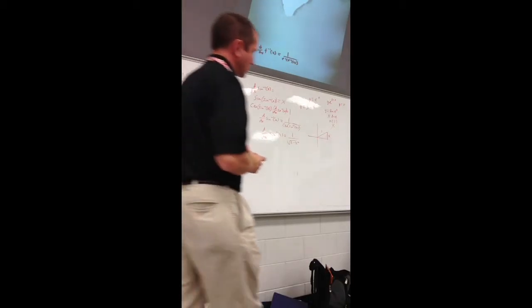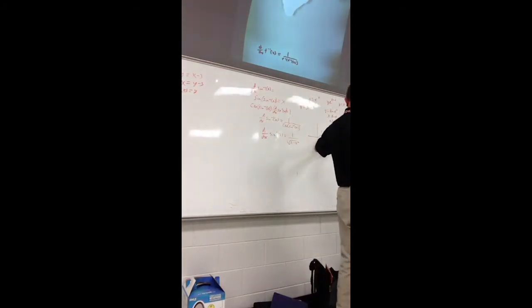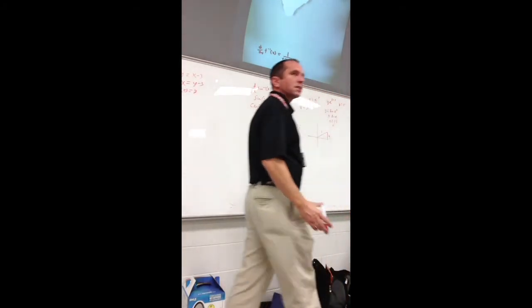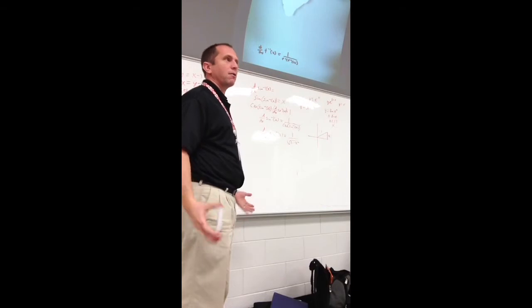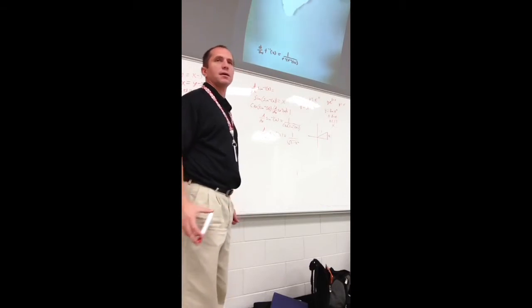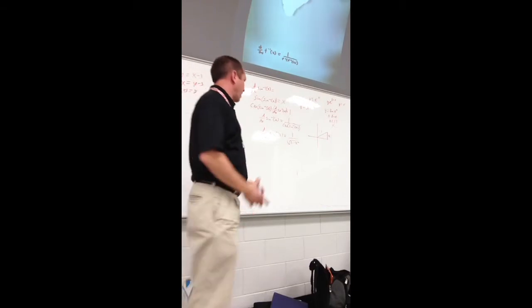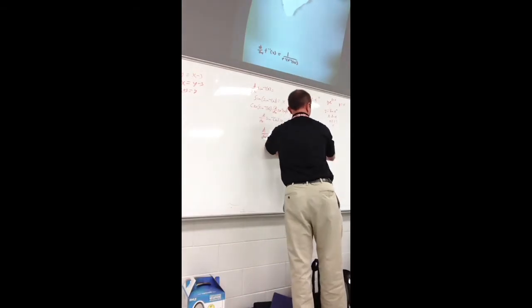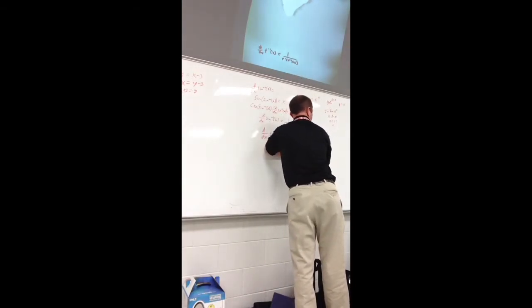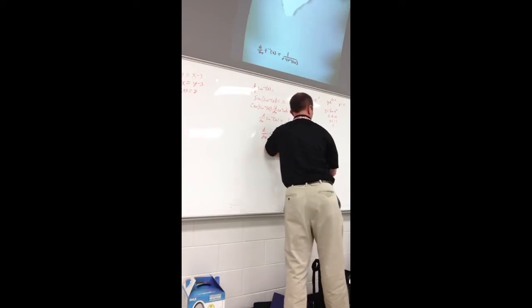Alright. Let's go ahead and complete this triangle. What would be the adjacent side here? Or how could we go about figuring out the adjacent side? Pythagorean theorem. So, a squared plus x squared equals 1.